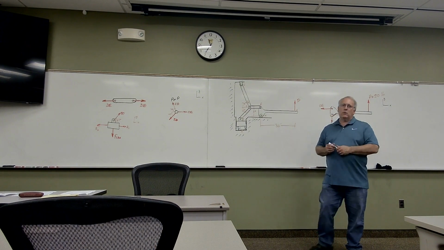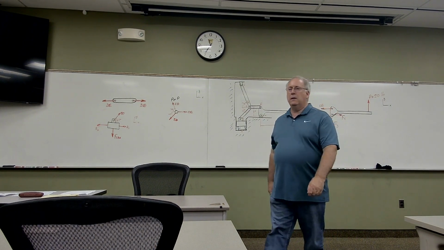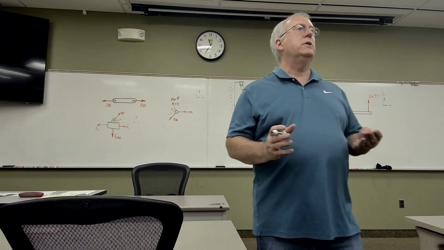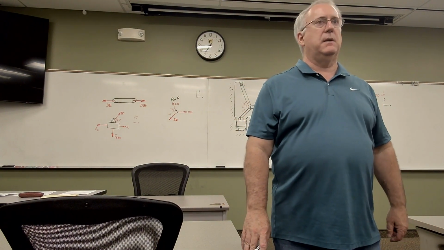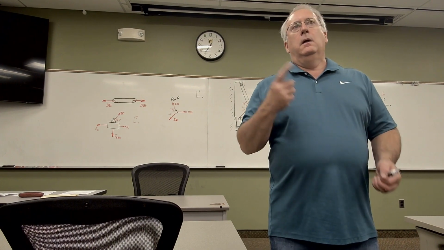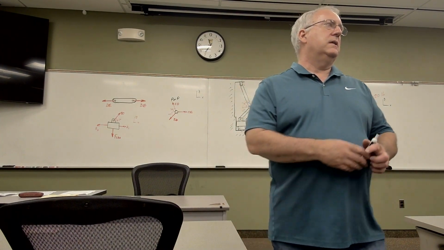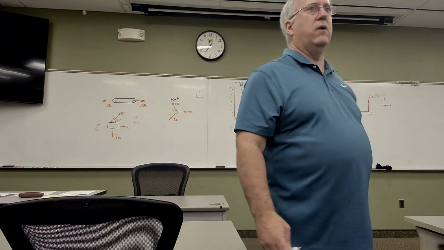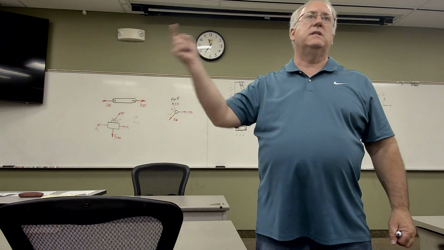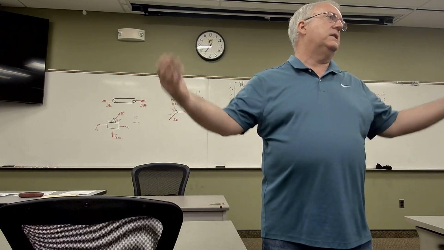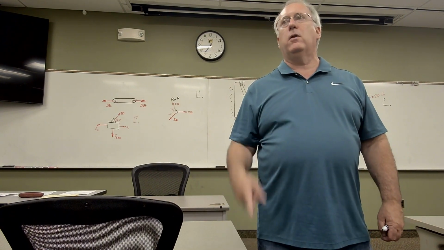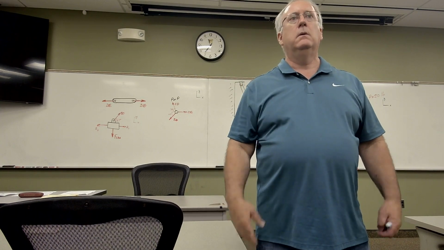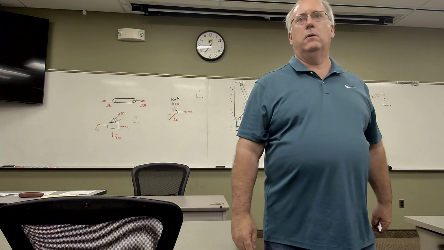The equations that we're going to use over and over again are called the equations of equilibrium. And they're as simple as they can possibly be. The first equation of equilibrium says that on any free body diagram, if I sum up all the forces in the x direction, those forces have to add up to 0. The second one says if I sum up all the forces in the y direction, those forces have to add up to 0.